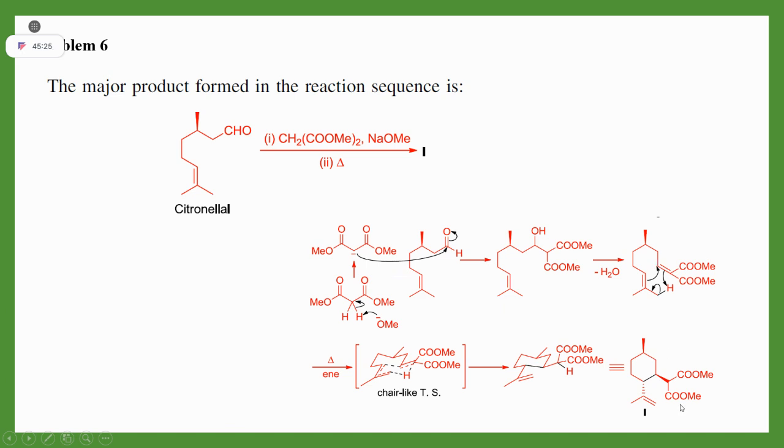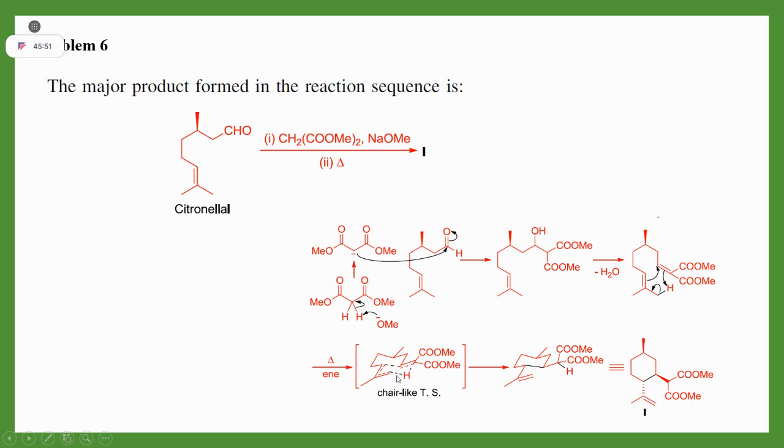Now the ene reaction is going to take place and you will get this. Most important thing is you can draw these ene reactions in your chair form, right? In order to get this stereochemistry. Because they underwent ene reaction via chair-like transition state. So you can see here, let me explain.